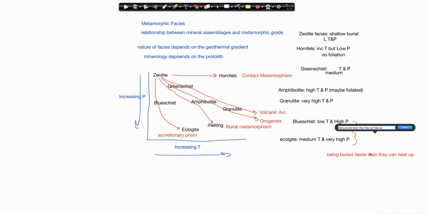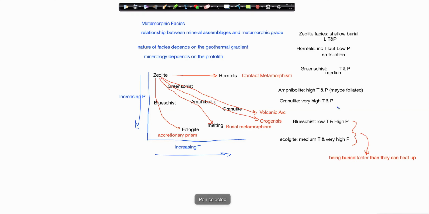So because rocks are poor conductors of heat, they're being buried at a faster rate, so the pressure is increasing at a much greater rate than the temperature is. Okay.